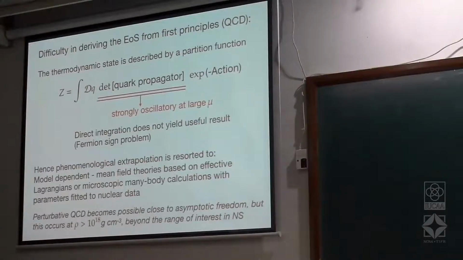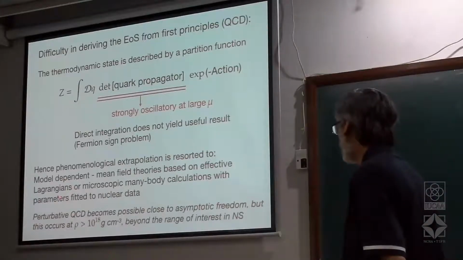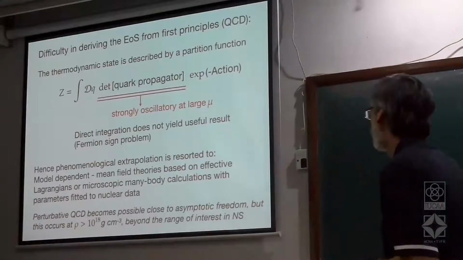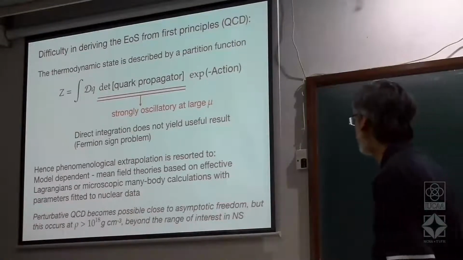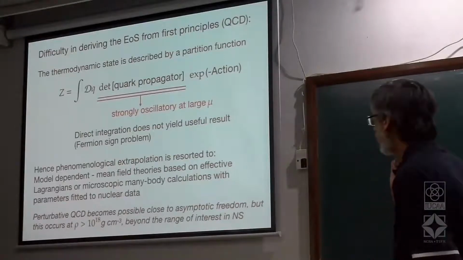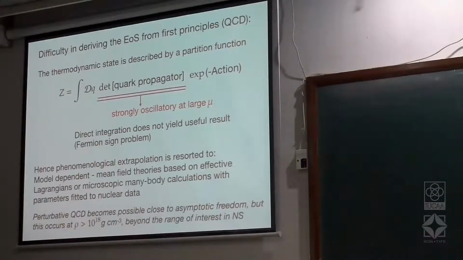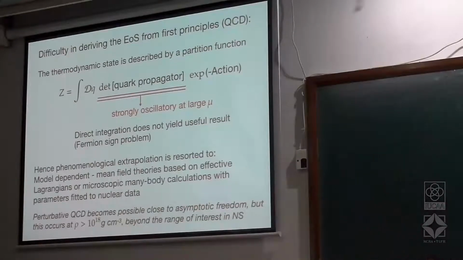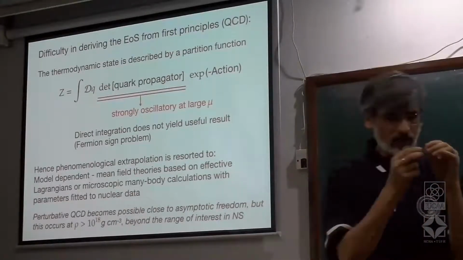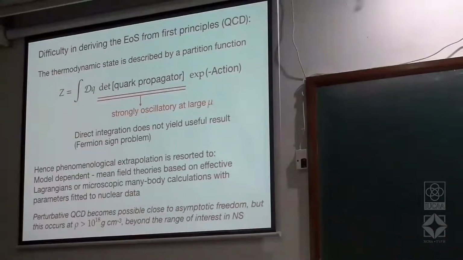That gives you one family of equations of state. That gives you an effective Lagrangian, and then you use the effective Lagrangian to create the action, and then you integrate it to get your equation of state. Or you can start from the other end. You take the low energy laboratory measurements, where nucleon-nucleon interactions, particle-particle interactions have been measured with very good accuracy.